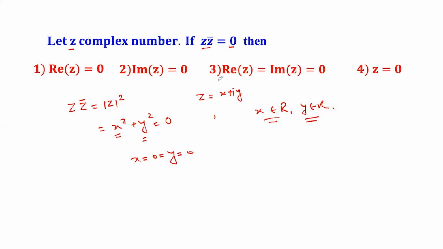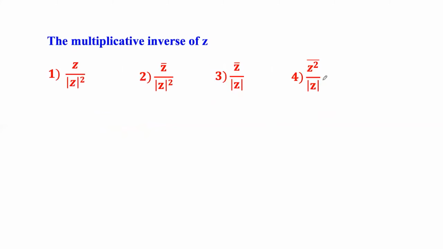This means the real part and the imaginary part of complex number Z will both be equal to 0.